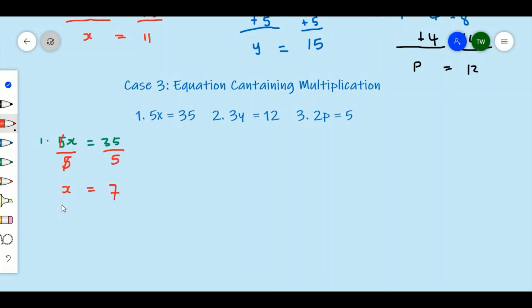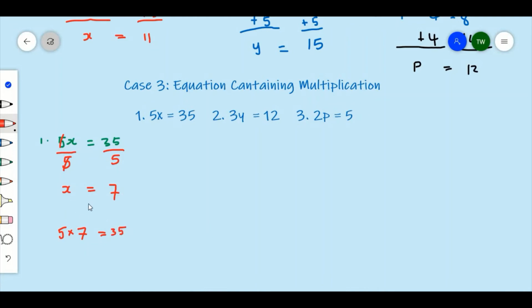So our answer here is x equals 7. And we can do a quick check. We know that 5x must equal 35. So if we replace this x with 7, it's going to be 5 times 7. And 5 times 7 is going to equal 35.